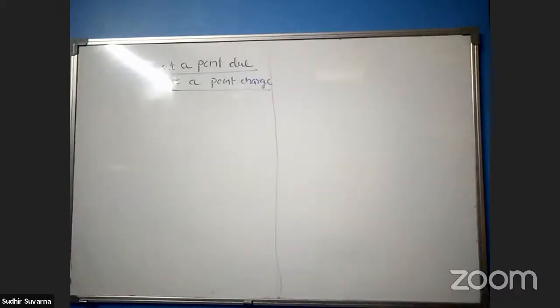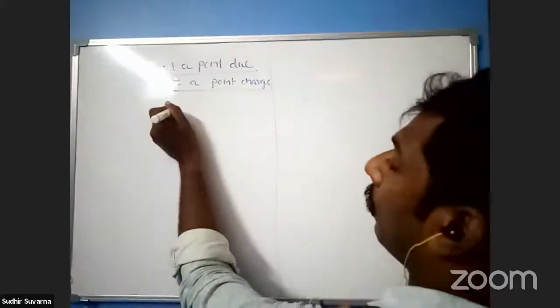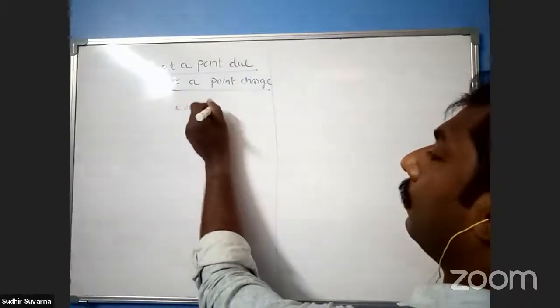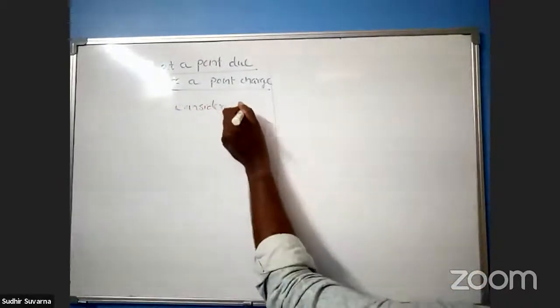Just check. Yes, sir. So I've written electric intensity at a point due to a point charge. Right? Yes, sir. Okay, bacha. So consider a point charge.